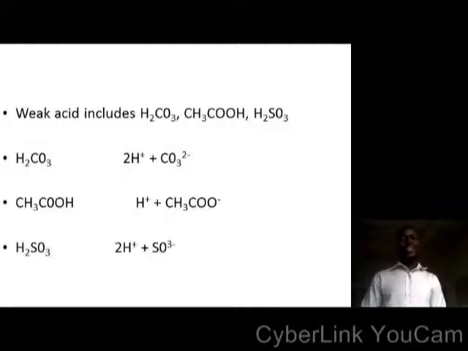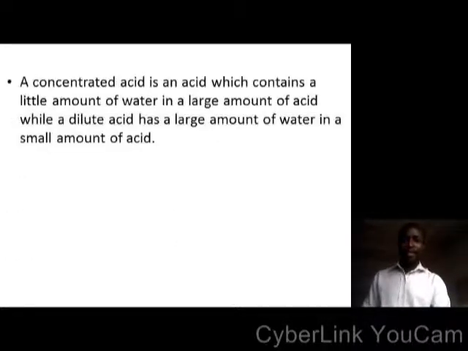The third one is H2SO3. All these, you can see how they ionize. That one breaks down to give 2H plus and CO3 2 minus. The second one, the same thing. The third one, the same thing. So listen to this over and over again. Now you shall know where you are going.